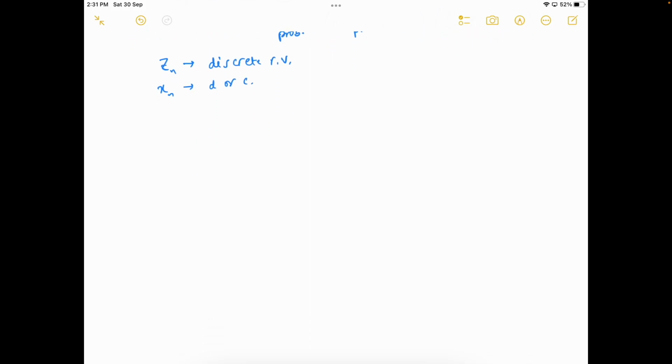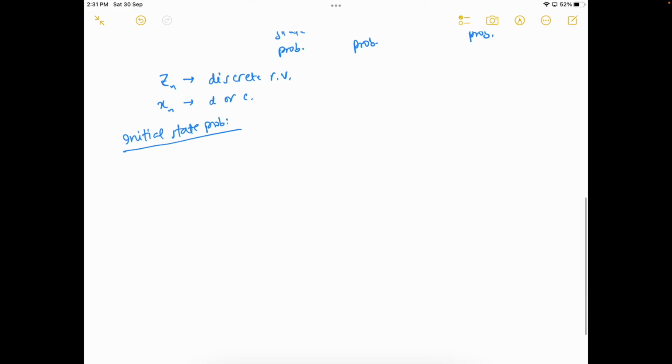Okay, now let's consider the initial state probability, P of Z1. What kind of PDF can you take here? A Gaussian PDF?